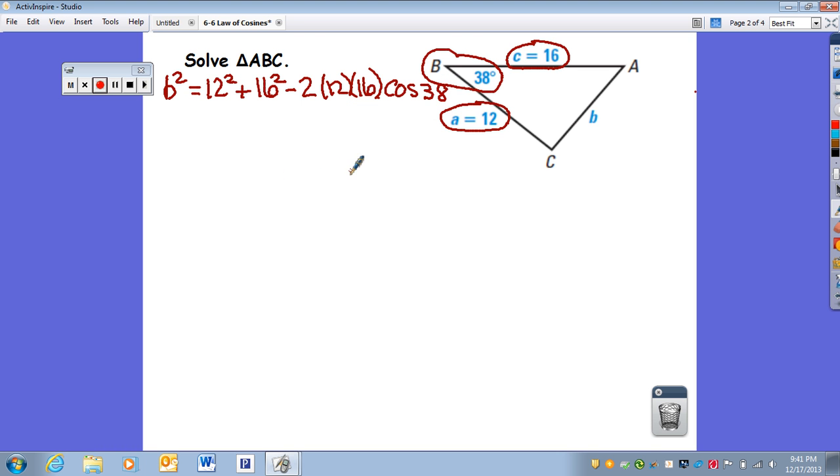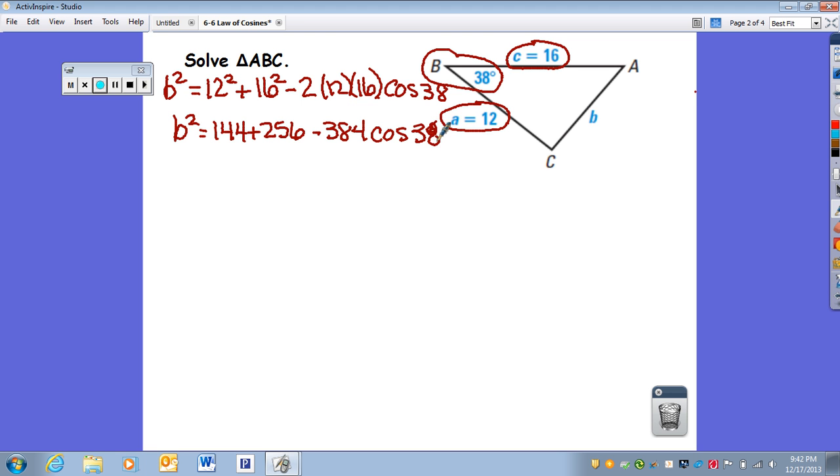Now all we have to do is use our calculator to finish. So we have b squared is equal to 144 plus 256 minus 384 times the cosine of 38 degrees.